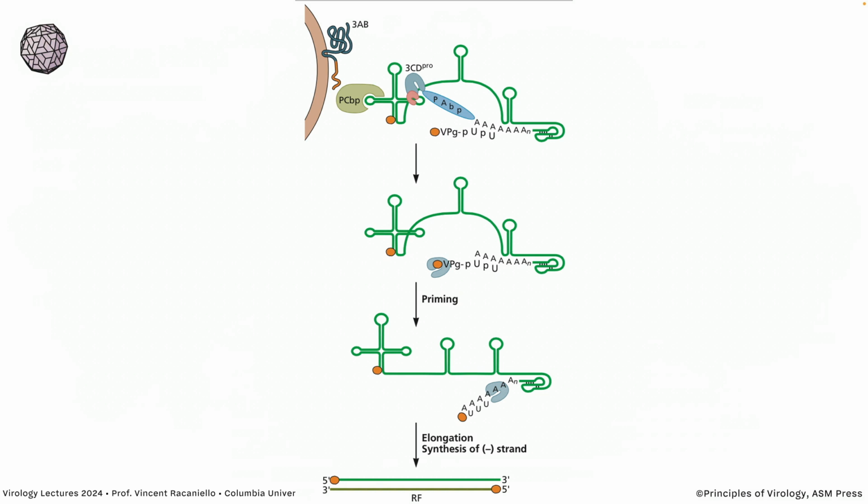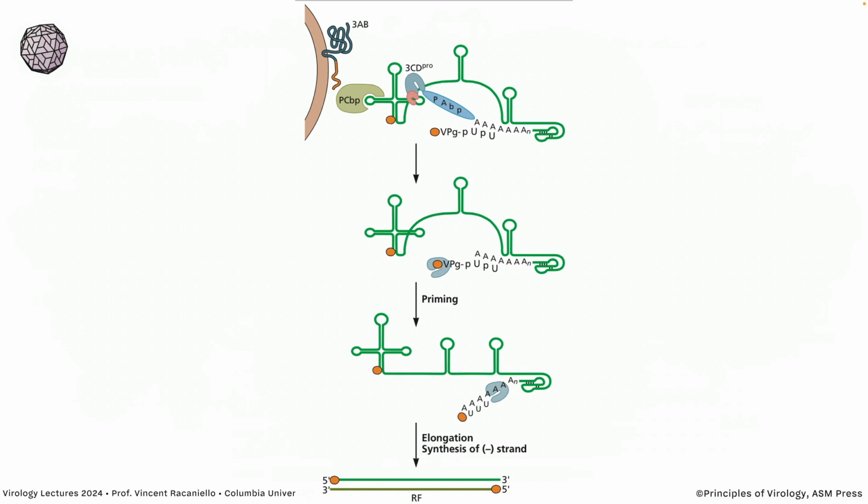Now, this whole affair occurs on membranes. This is a cellular membrane at the top left. And in addition, the RNA is circularized. So the 5' and 3' ends are brought together by protein-protein interaction. There is a protein in the cell called poly-A binding protein, PABP. It binds poly-A. It also binds a molecule of the polymerase that is bound to the clover leaf. And that interaction requires the clover leaf to be bound to a cellular protein called PCBP.